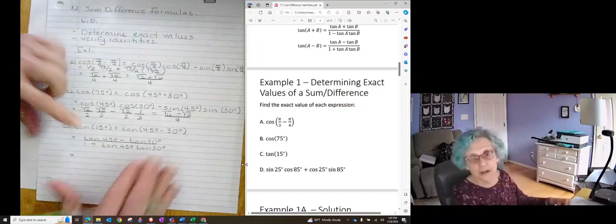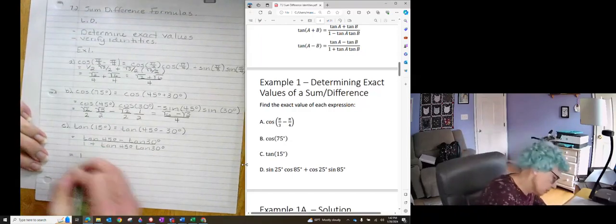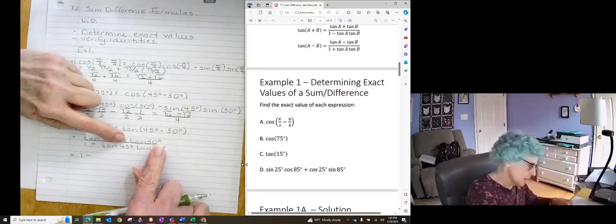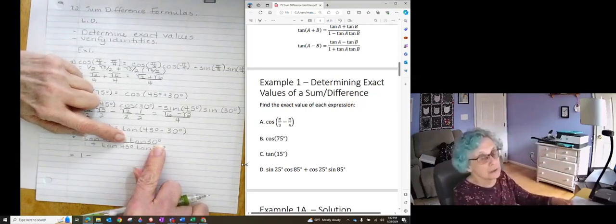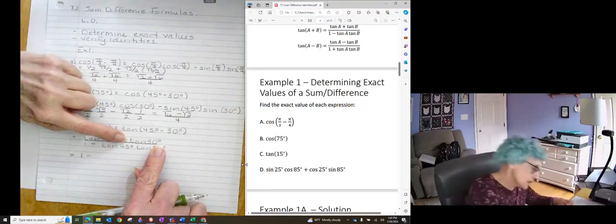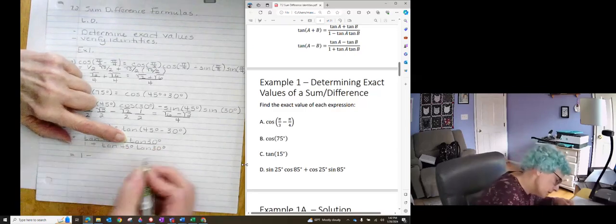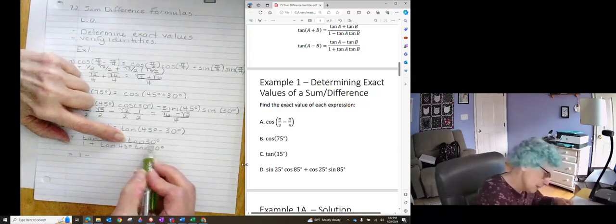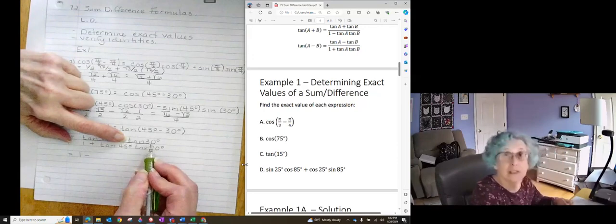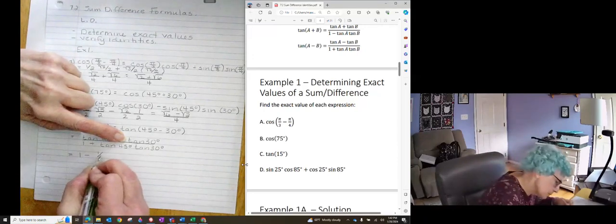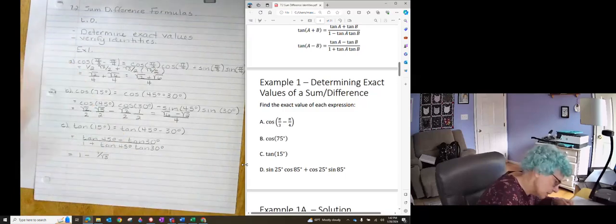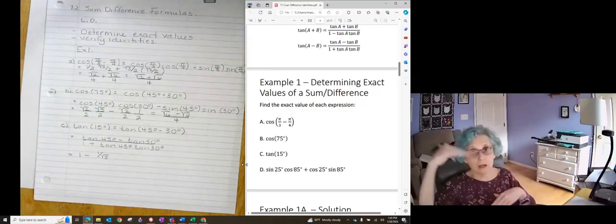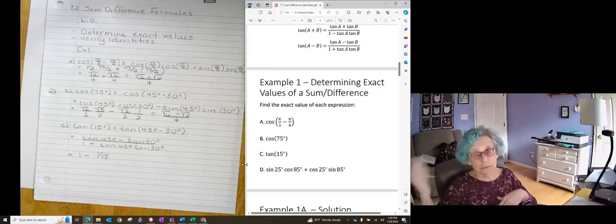Tangent of 45 degrees, that's my favorite because it's 1. Tangent of 30 degrees, well, 30 degrees is pi over 6, so that means sine is on top, over cosine, which is square root of 3 over 2, so it's 1 over square root of 3, because it's 1/2 over square root of 3 over 2.